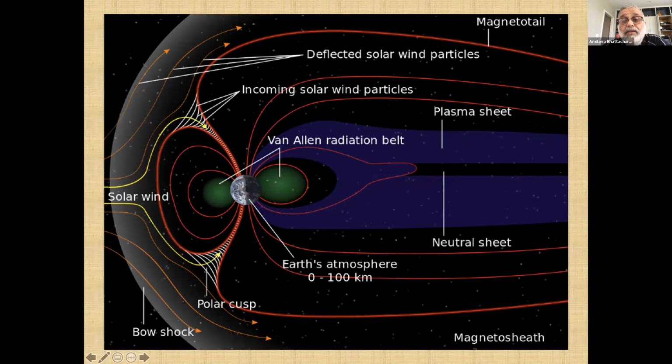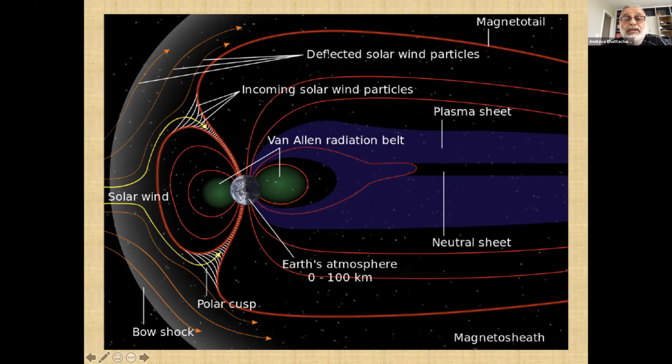Some of it, because of reconnection and other things, finds a way to populate the night side of the Earth's magnetosphere, where you have the plasma sheet and the neutral sheet that lies embedded within the plasma sheet, where the magnetic field lines change direction, the source of what are known as magnetospheric substorms.